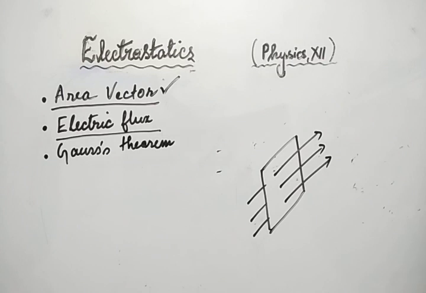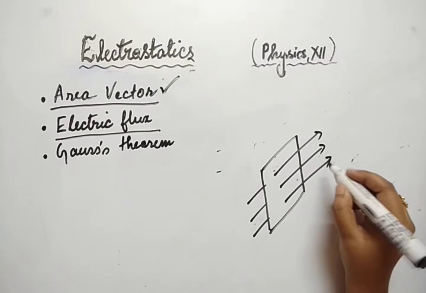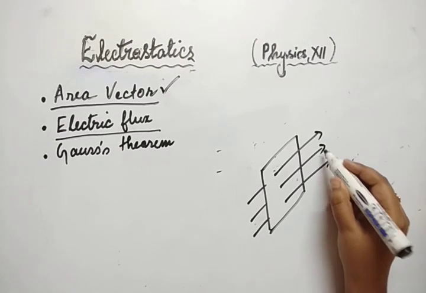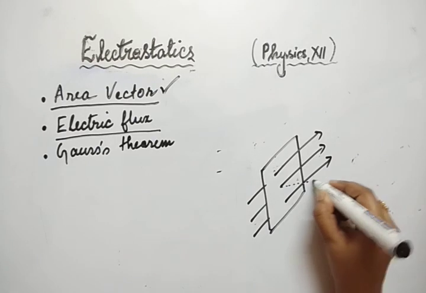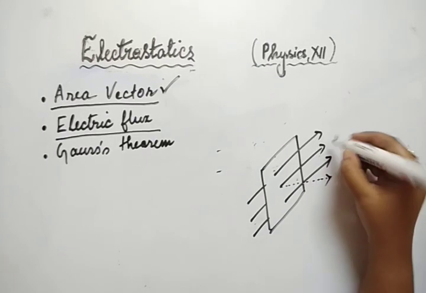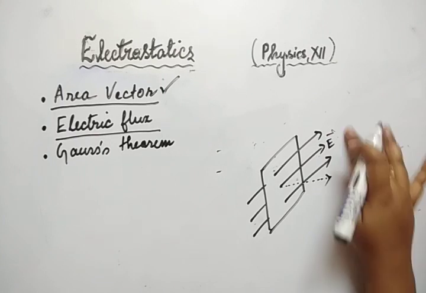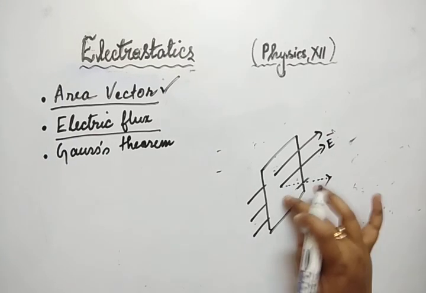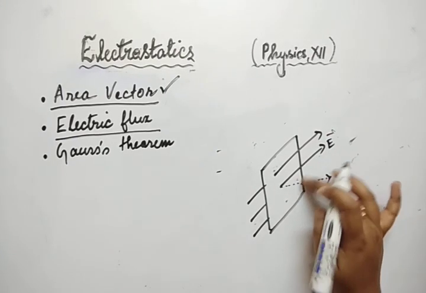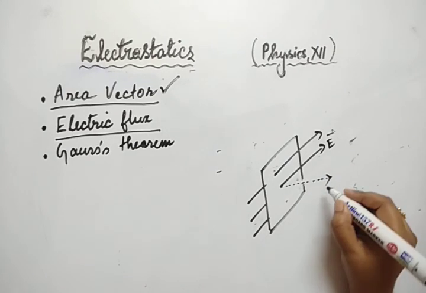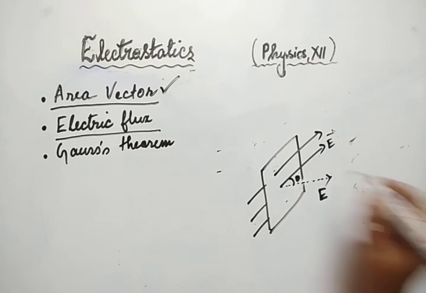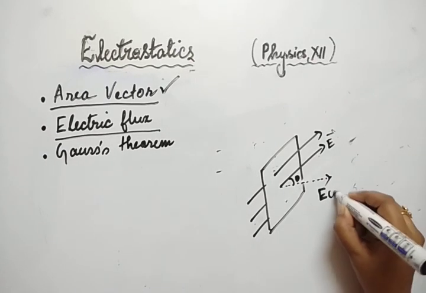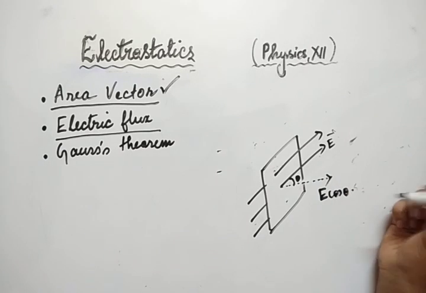Then you have to take the normal component of the electric field in this direction, and if this angle is theta, it will be E cos theta.